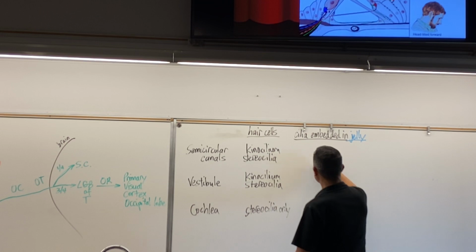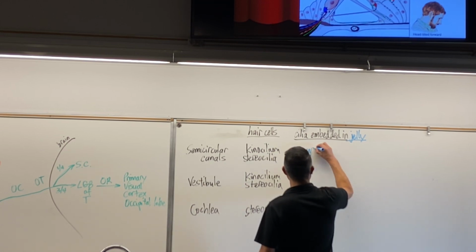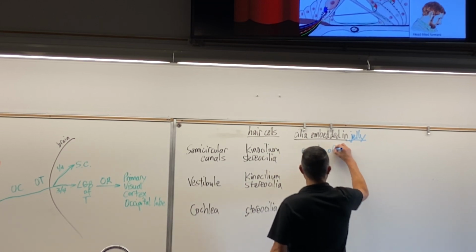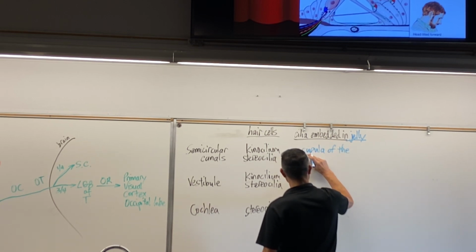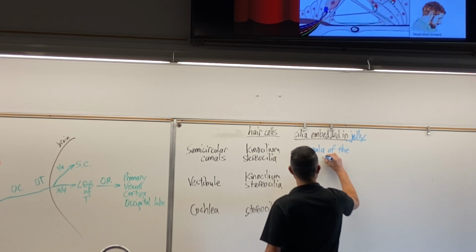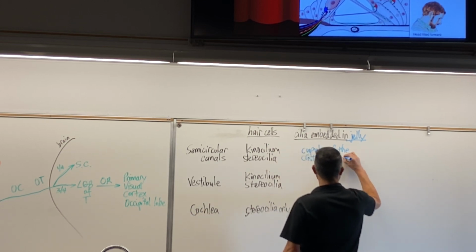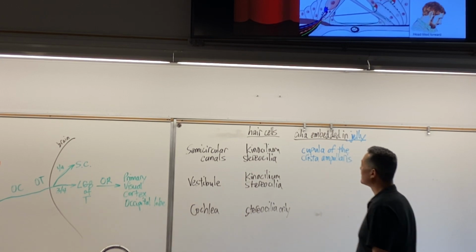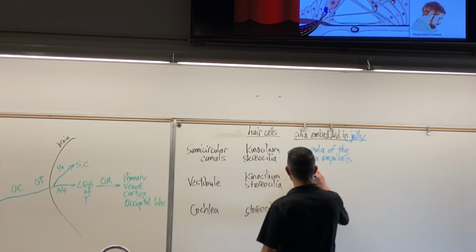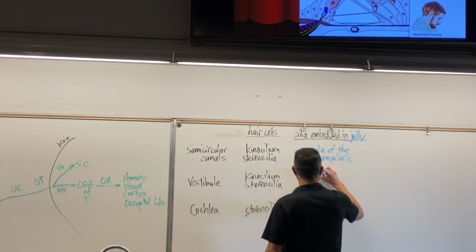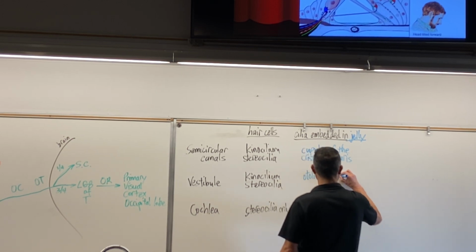In a semicircular canal, it's going to embed in the cupula of the crista ampullaris. And in the vestibule, the jelly is the sloppy membrane called the otolithic membrane.